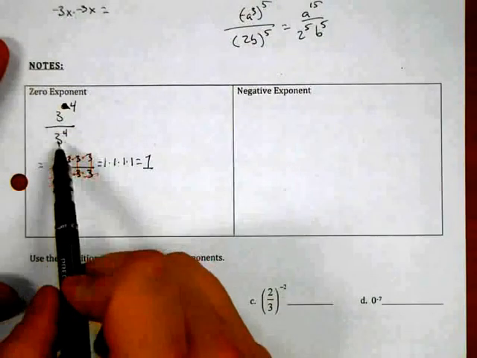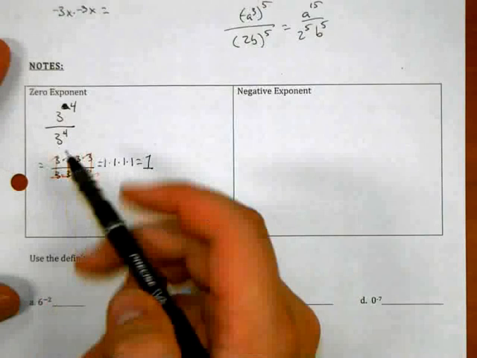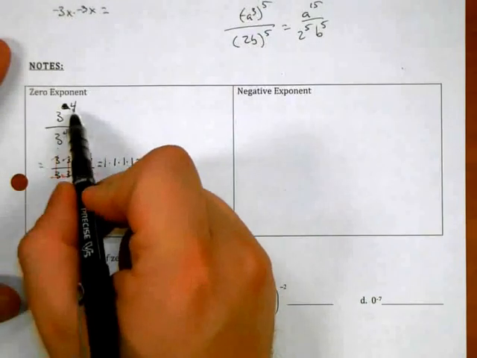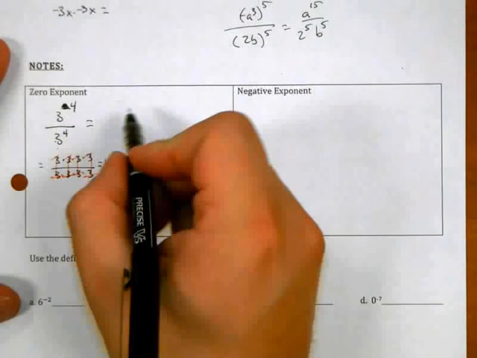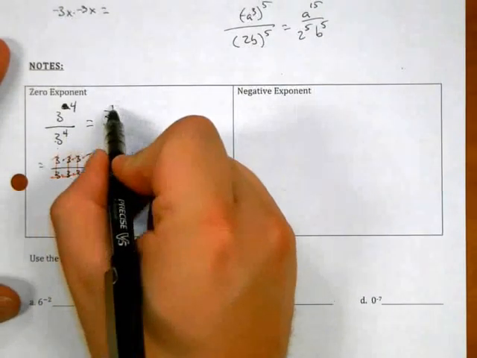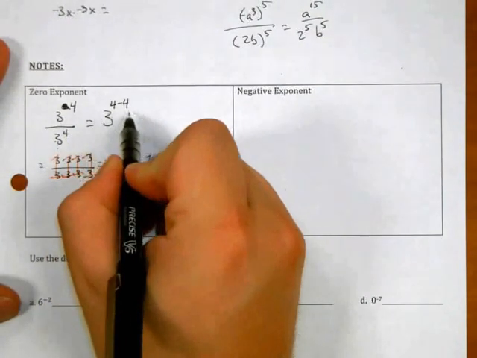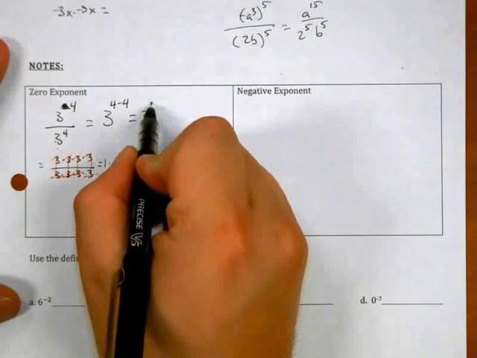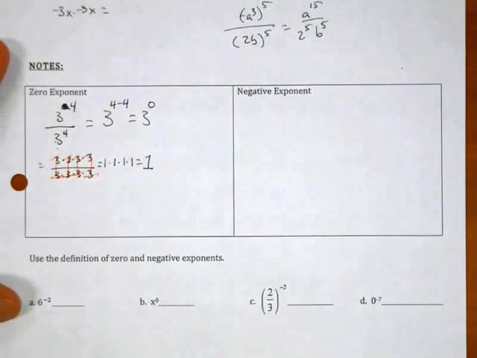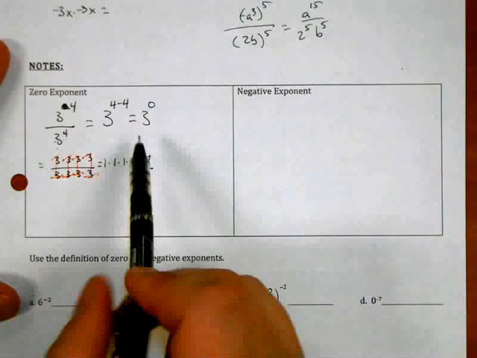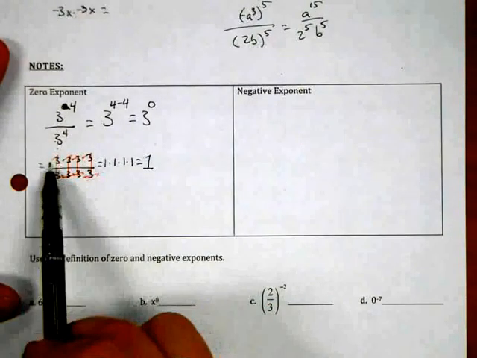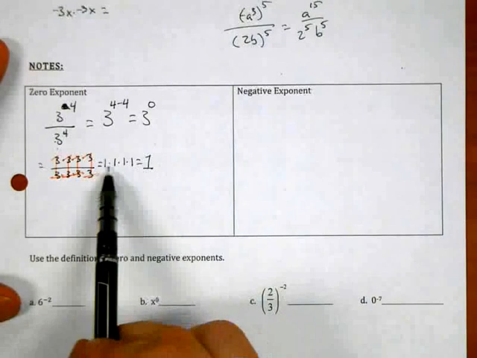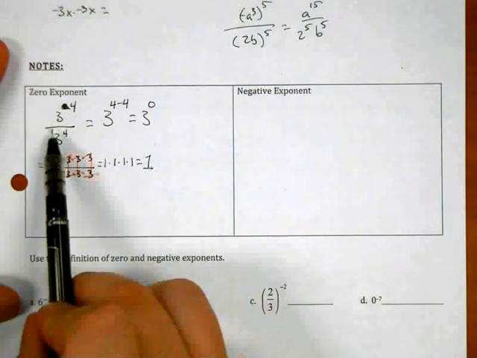Well, using our division rules from our previous section, we saw that if you have the same base, then you can subtract the two exponents. So this, using our exponent rules, is really 3 to the 4 minus 4, which is 3 to the 0 power. So what we see is from the same expression, we get two different things. By expanding out and dividing, all the 3's cancel out and you get 1.